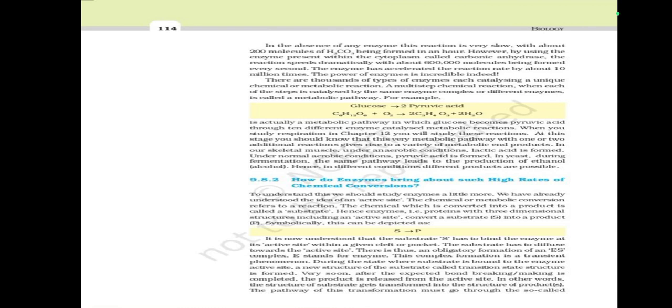A new structure of the substrate, called the transition state structure, is formed very soon after the expected bond making is completed. The product is released from the active site. In other words, the structure of the substrate gets transformed into the structure of the product. The pathway of this transformation must go through the so-called transition state structure.